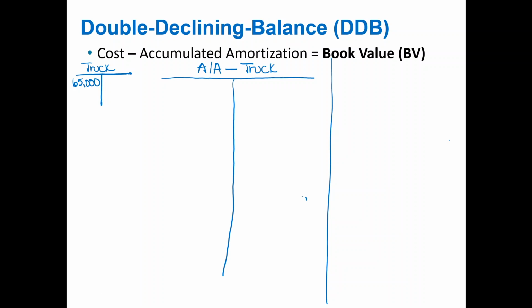Truck and accumulated amortization are actual accounts, while the book value is just a calculation that we're doing. On January 1st, 2020, when we purchased the truck, nothing has been recorded for amortization, so our book value at that point is $65,000.